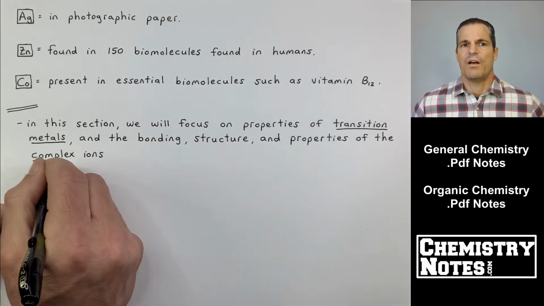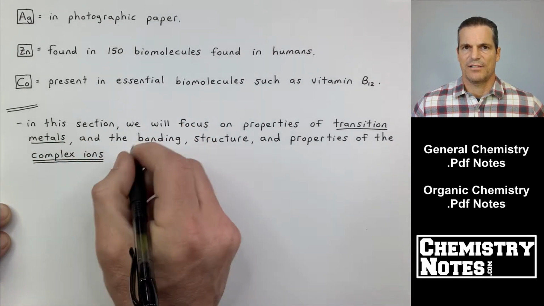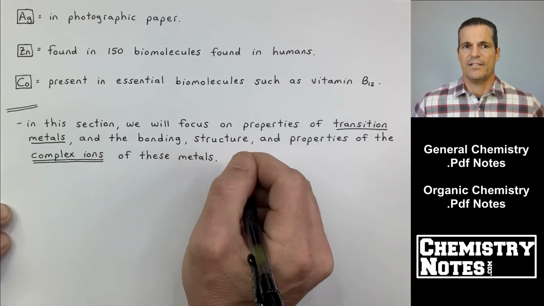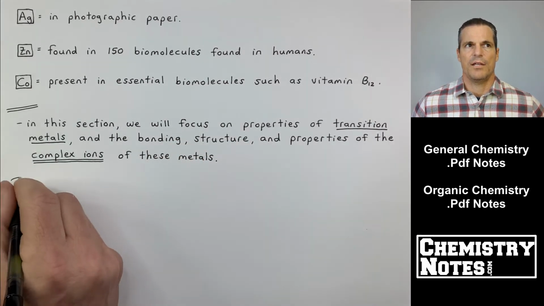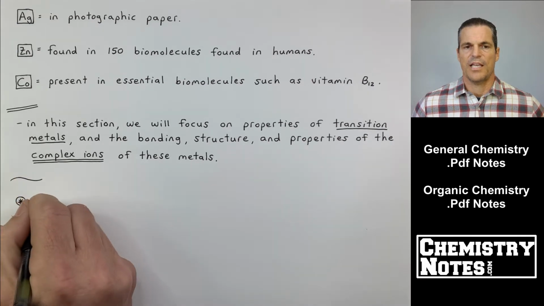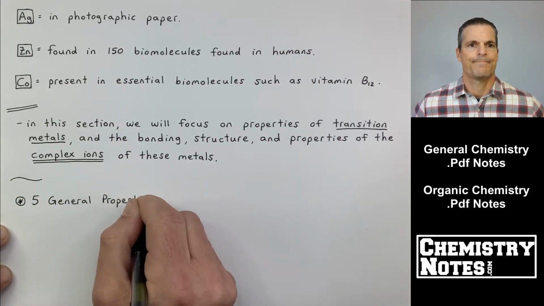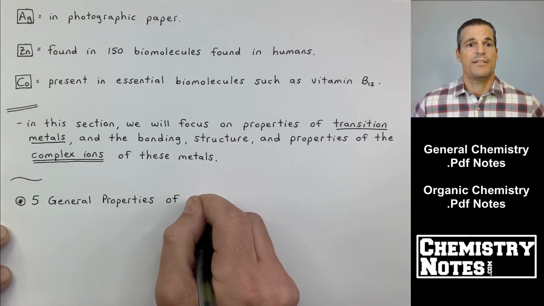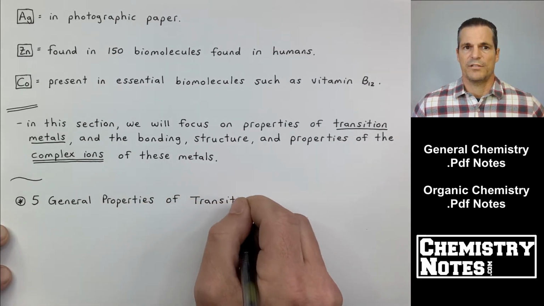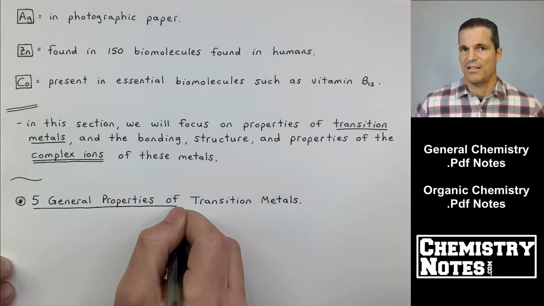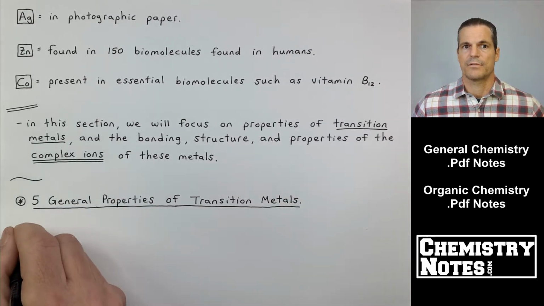So, I've underlined complex ions here, and I've underlined it twice. And we are going to get into complex ions in a ton of detail, not today, but later on. So right now I'm just kind of setting that up, okay? So it says, in this section, we're going to focus on properties of transition metals and the bonding, structure, and properties of the complex ions of these D block metals.